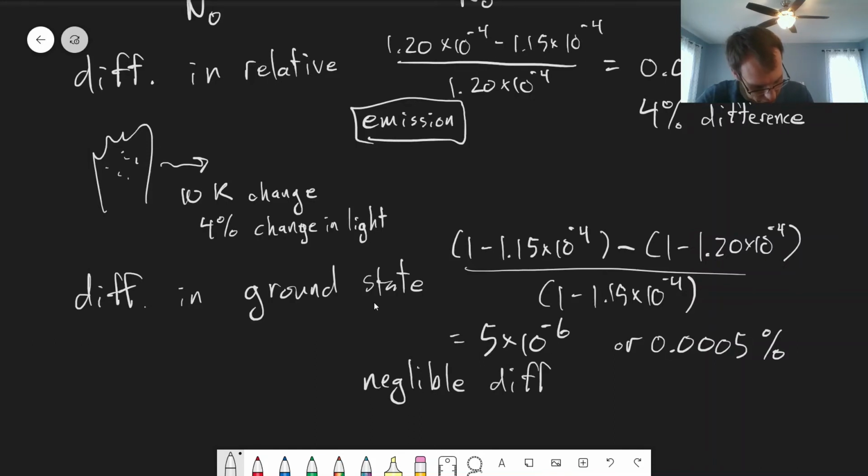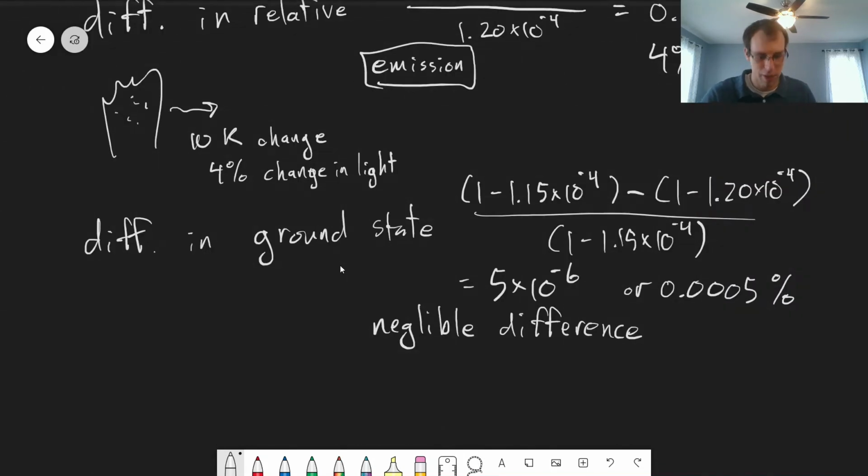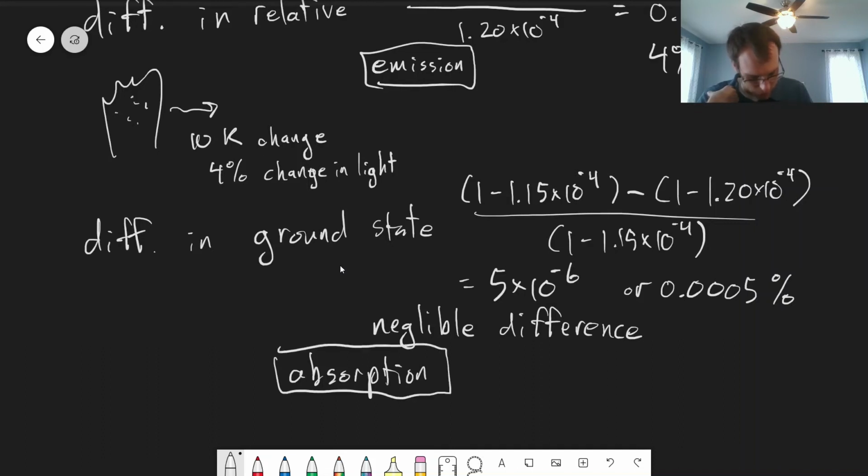The difference in the amount of absorption you're going to get is 0.0005%. You're going to have bigger effects from other things happening in your sample than this. So even a 10 Kelvin change leads to very small differences in terms of the absorption. Since this is the ground state, we're thinking about atoms going from the ground state to the excited state in terms of absorption. So the effect on absorption is negligible. The effect on emission is pretty big.